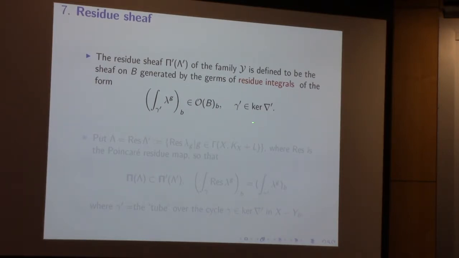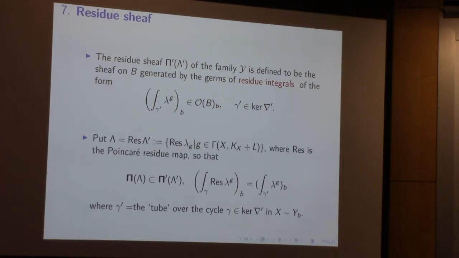So these cycles are just homology classes in the complement of my family Y. So again, you get a function germ at point B. I refer to these as residue integral, mimicking, having in mind the complex one variable case. This is literally classical, good old classical Cauchy residue. So this is sort of the higher dimensional analog.